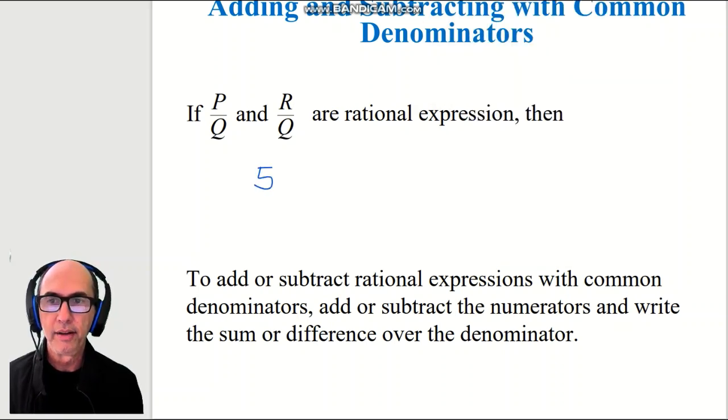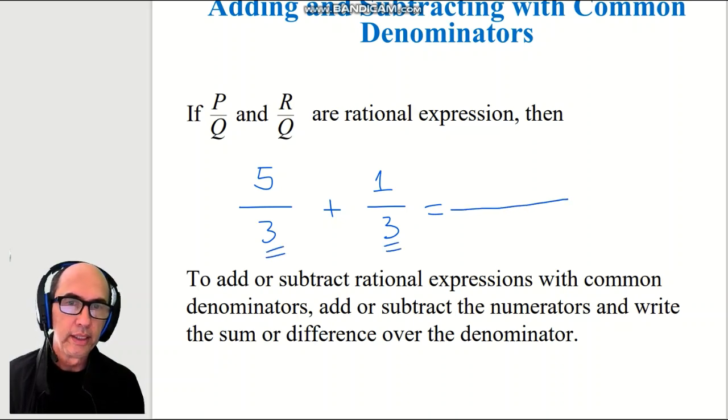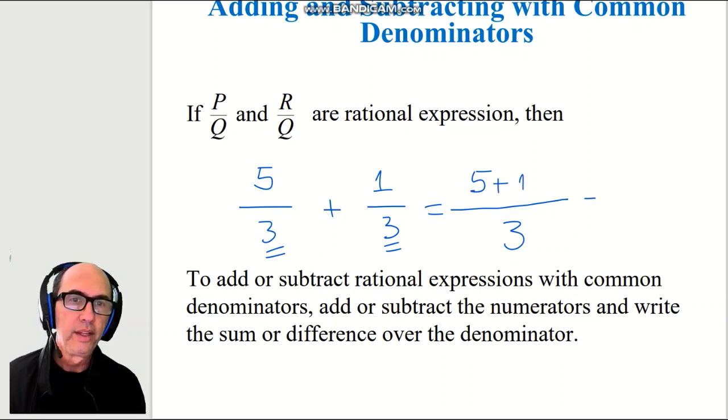Let's say 5 over 3 plus 1 over 3. If the denominator is the same, we just repeat the denominator, 3, and we're going to add or subtract the numerators. In this case, 5 plus 1 equals 6 over 3.